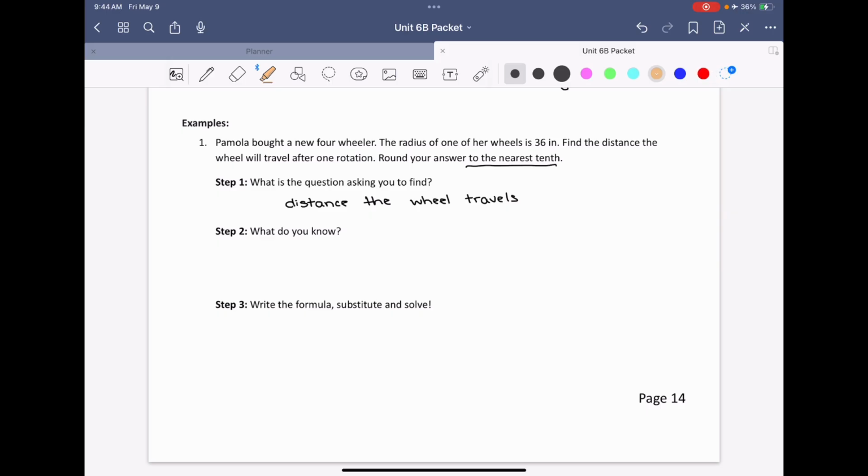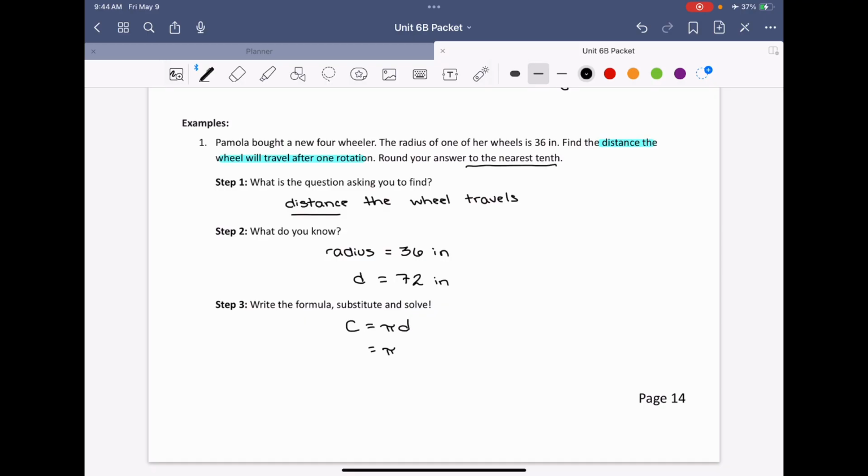And I'm getting that right from my sentence. What do you know? Well, we know that the radius of a wheel is 36 inches. So that means that the diameter, I'm going to double it, would be 72 inches. If I'm finding the distance, remember, I have to find the circumference. So circumference equals pi times diameter.